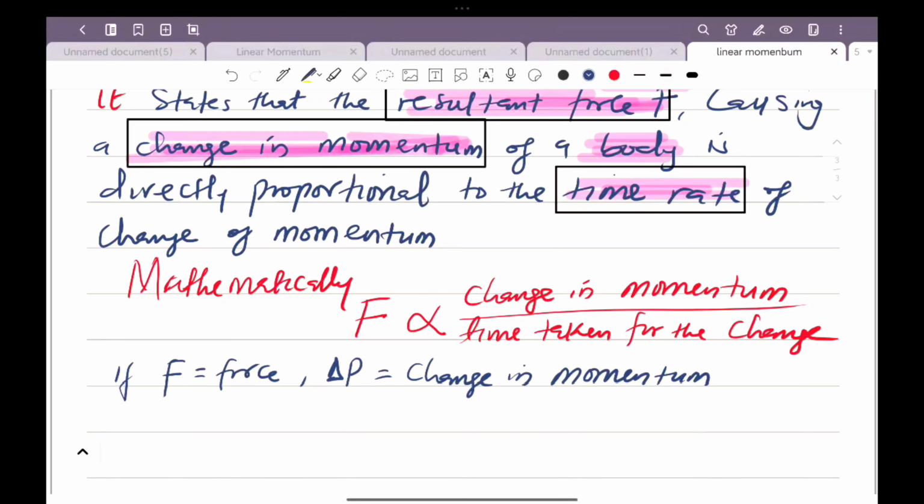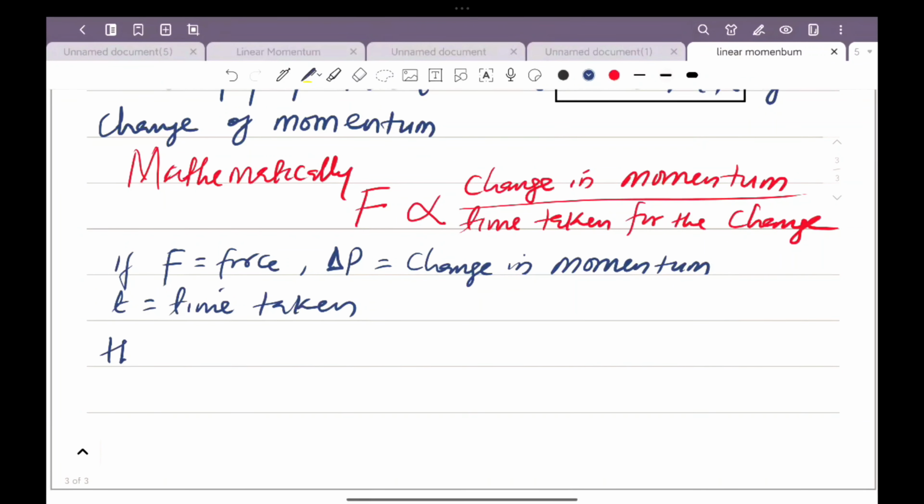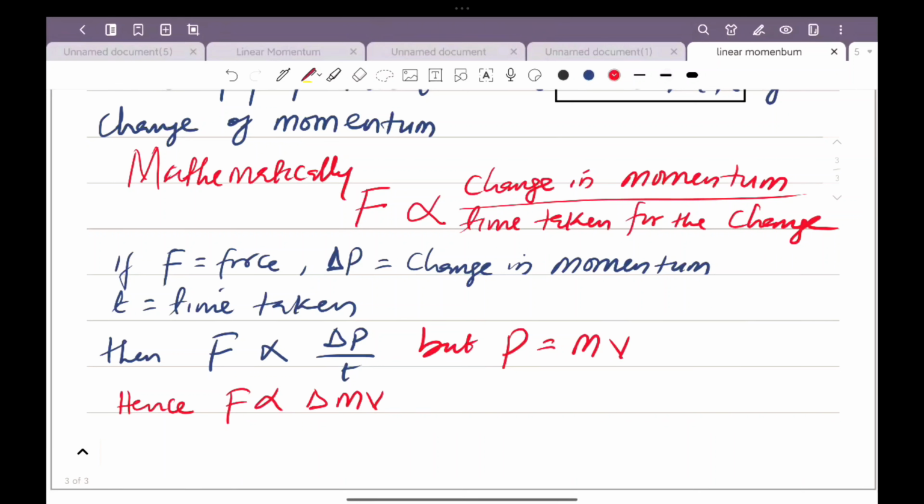And time taken is equal to T. Then, if we substitute, we can say that F is directly proportional to delta P over T. But also recall that momentum P is equal to mass multiplied by velocity. Is that clear? Then we can say that F is proportional to delta mv over T. Are we together?